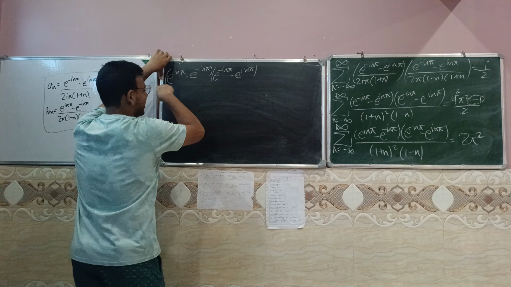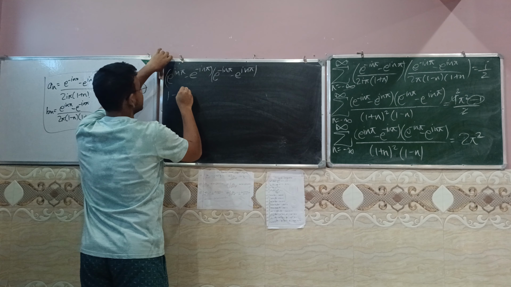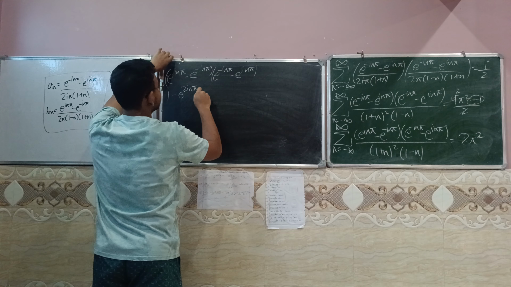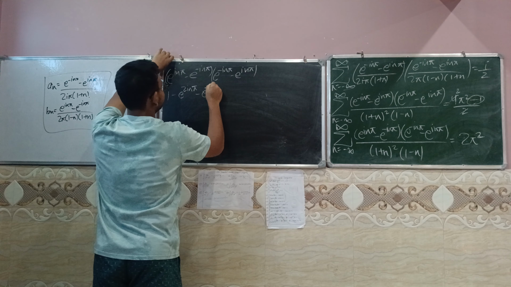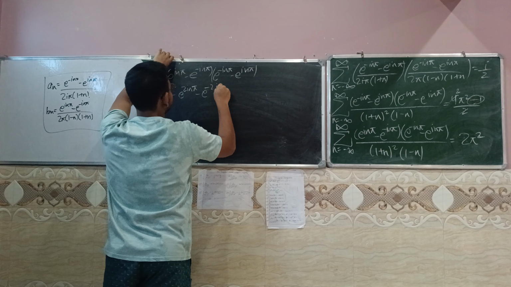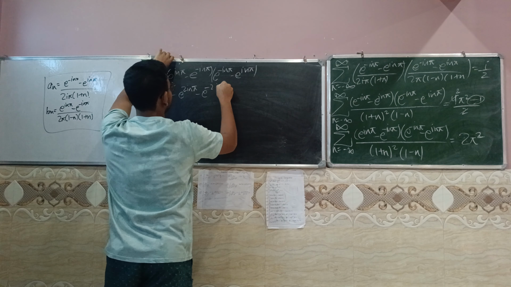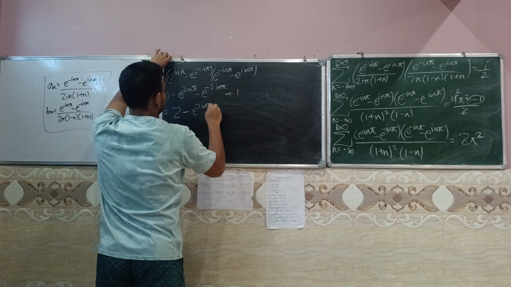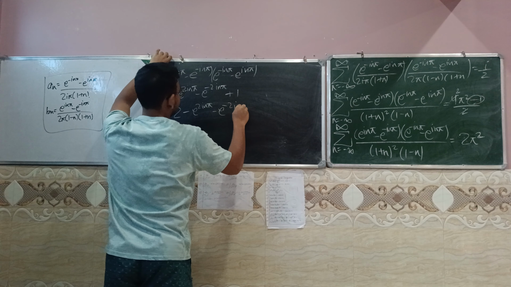If we multiply these two things, that's going to give us 1, and minus e to the 2 i n pi, right? And that's going to give us minus e to the minus 2 i n pi, and plus 1. So basically it is coming out to be 2 minus e to the 2 i n pi minus e to the minus 2 i n pi.